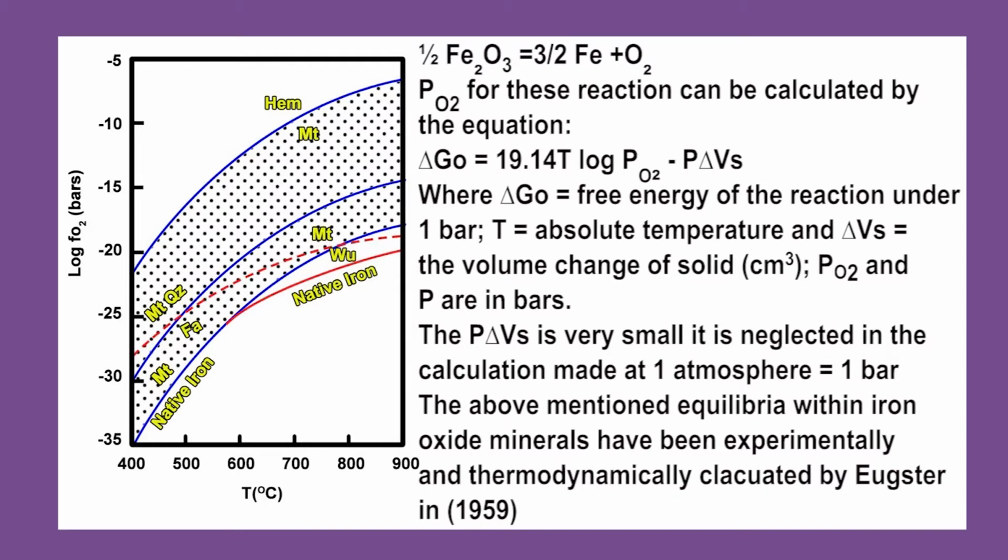PO2 and P are in bars. The P delta Vs term is very small. It is neglected in calculations made at 1 atmosphere, equal to 1 bar. The above mentioned equilibria within iron oxide minerals have been experimentally and thermodynamically calculated by Eugster in 1959.